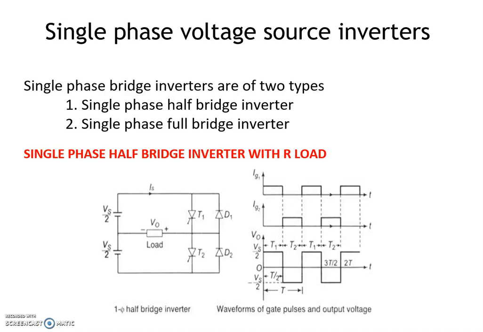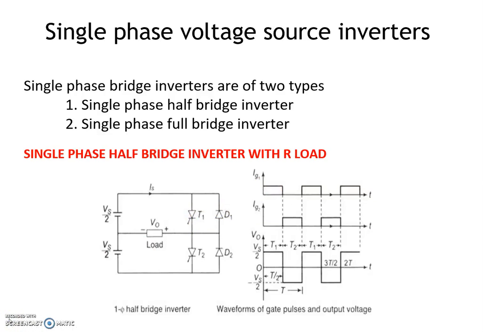During the first interval, the input is a DC source Vs by 2. During the first interval, from 0 to T by 2, we will turn on the thyristor T1.